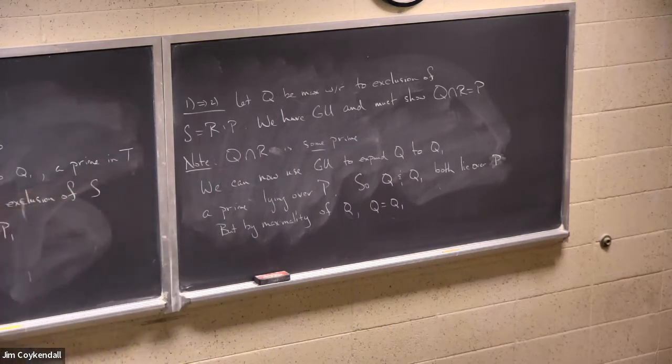And we have what we want, so it must lie over. So since Q1 lies over P and Q equals Q1, then we've got what we needed there. Okay.